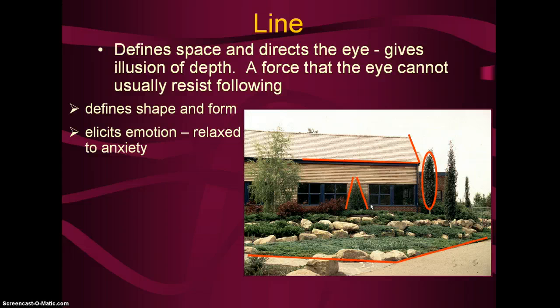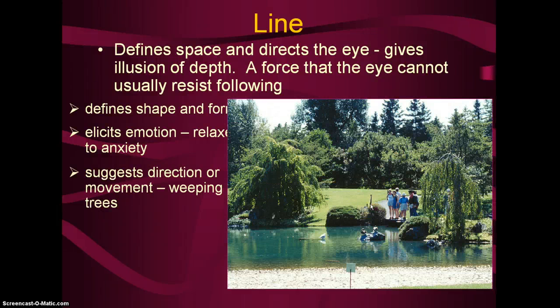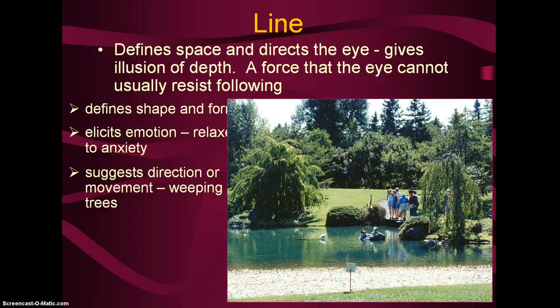Line can have an emotion, can be relaxed, or can create anxiety. Really stark vertical lines can create a little bit of anxiety, whereas horizontal lines or curved lines can be a little softer and a little bit more relaxing. So one can consider that when you're looking at the way the plants look. And of course it can direct your eye in general.